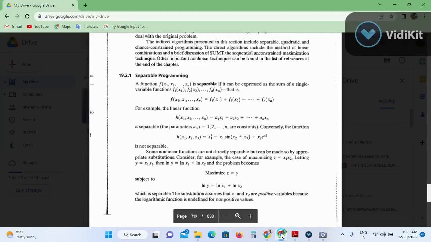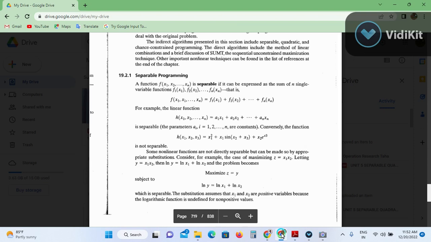So what does separable programming mean? A function is said to be separable if it can be expressed as the sum of n single variable functions, f1 of x1, f2 of x2, and so on, fn of xn. That is, f can be expressed as the sum of n functions involving n variables.